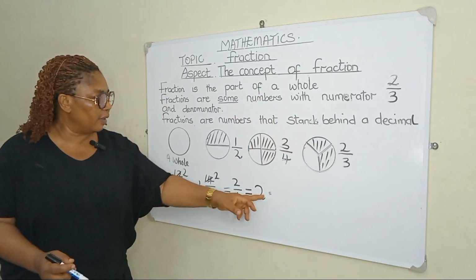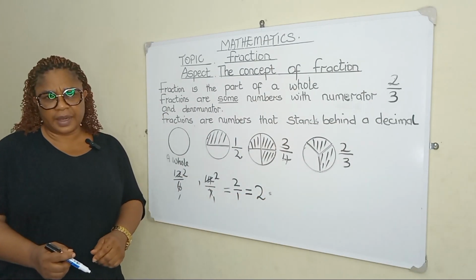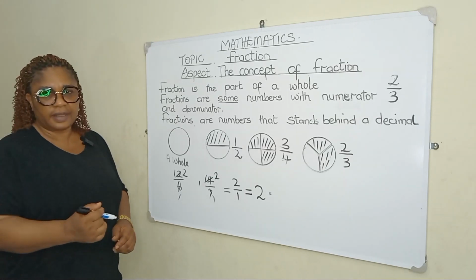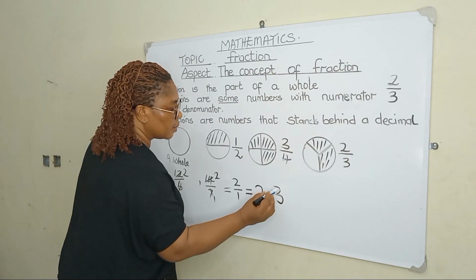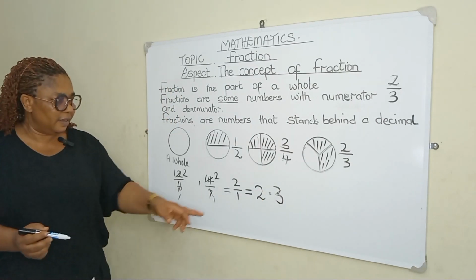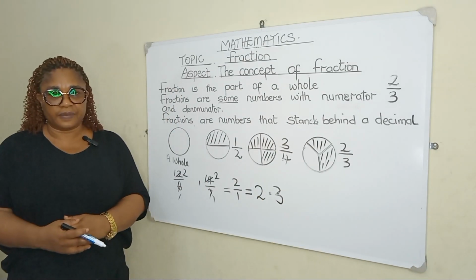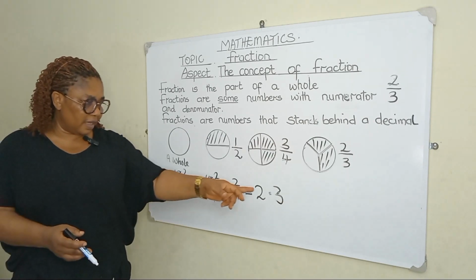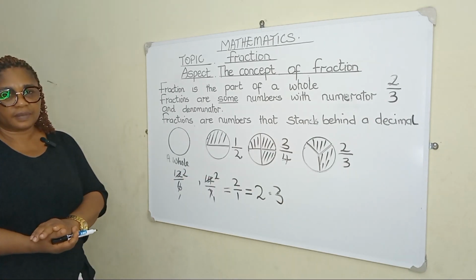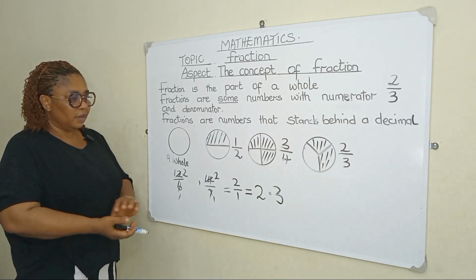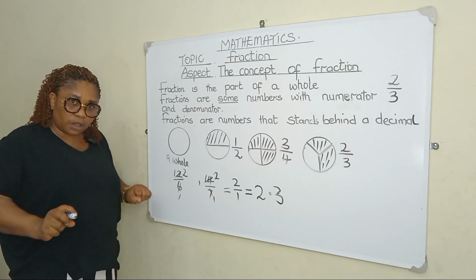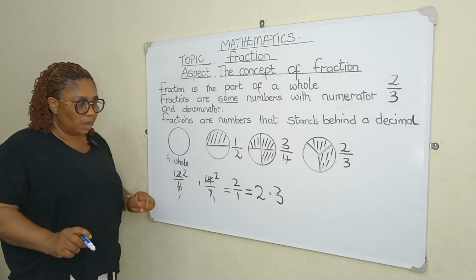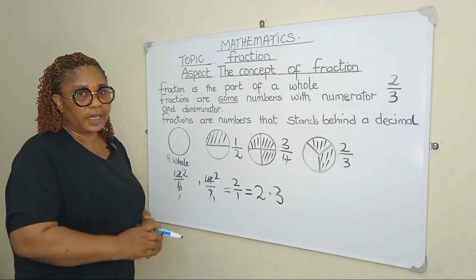Let's pick a number like 3. 3 is standing behind this decimal, and this 3 is a fraction. 2 is not a fraction on its own, when it's standing alone. But 3 is a fraction.